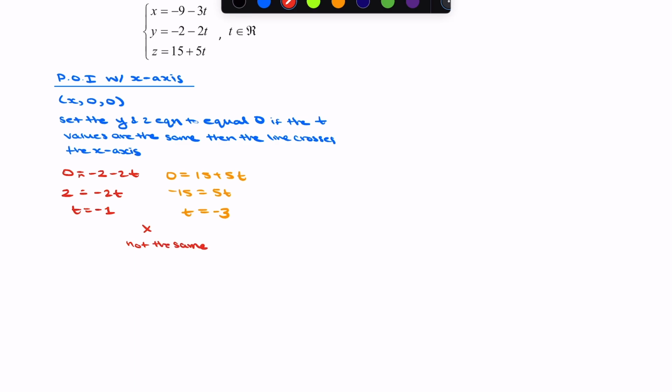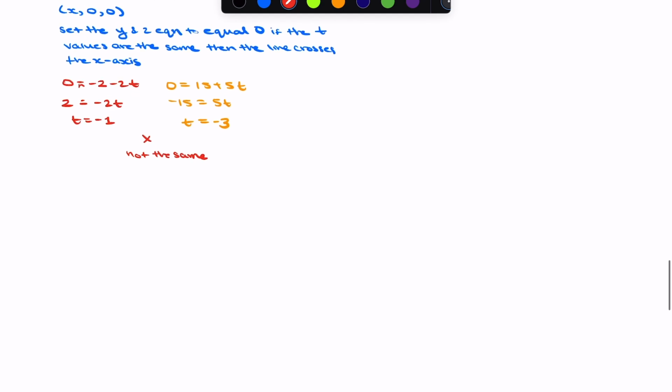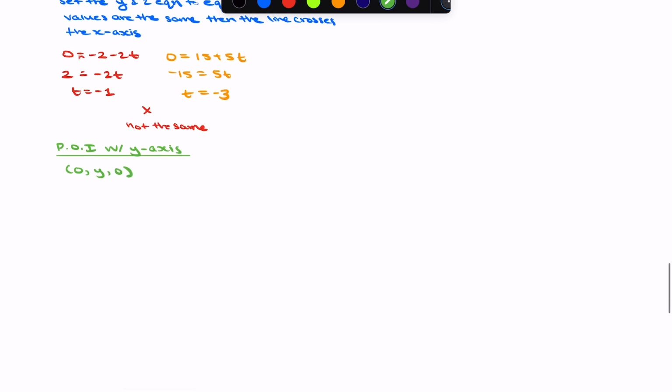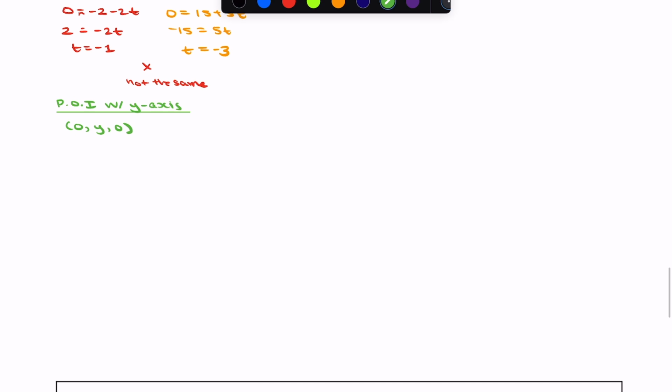Okay, we're going to repeat the same thing for the y and z axes. So the second one, we'll look at the point of intersection with the y-axis. That point would be 0, y, and 0. So again, we will sub in 0 for the x and the z equations.